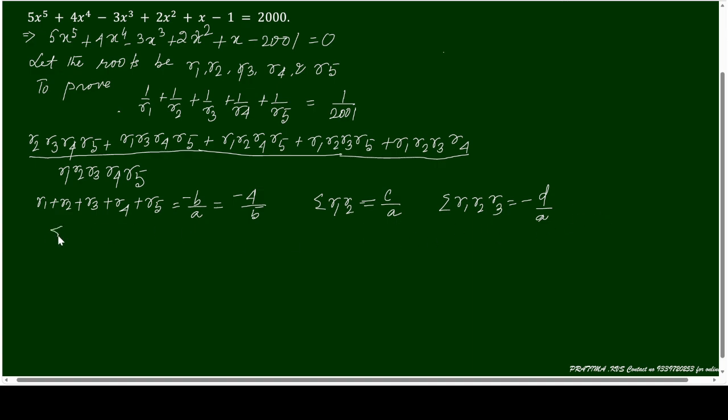And taking 4 at a time, R1, R2, R3, R4 is e by a, and the product R1, R2, R3, R4, R5 equals negative f by a. Here f is negative 2001, so it is negative of negative 2001, which will be 2001 by 5.